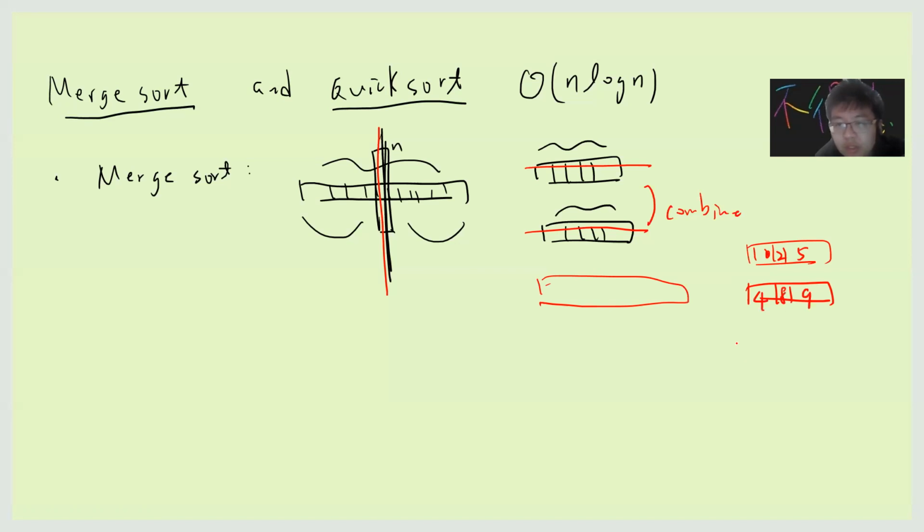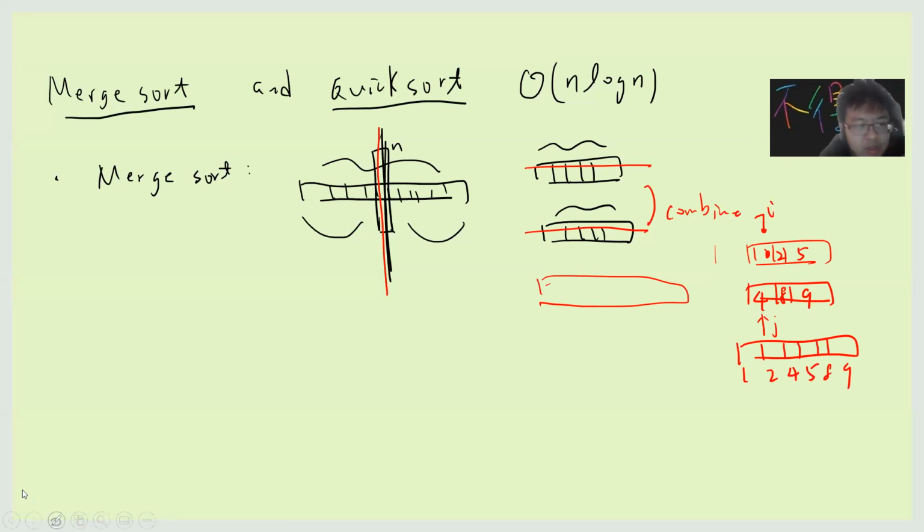Then you just merge them and get 1, 2, 4, 5, 8, 9. You can just use two indices in parallel. You compare them and take the smaller one.